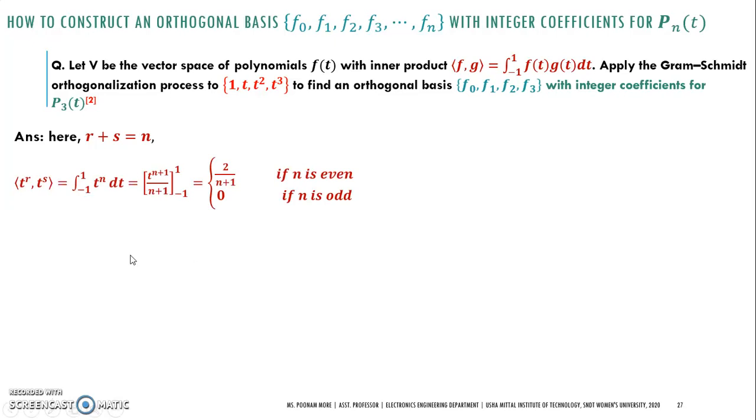Here we will use a simplified rule for this integration. We state that if the sum of the powers in this inner product, r plus s, is equal to n, then this integration reduces to 2 by n plus 1 if n is even, and it becomes 0 if n is odd.